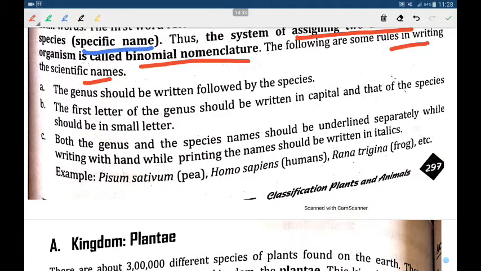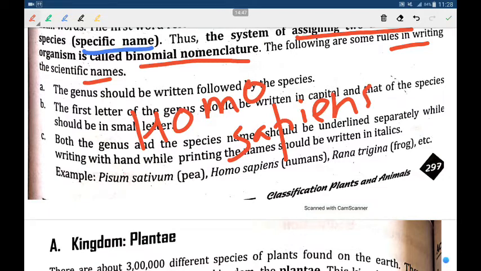Last time also I said the human being's scientific name is Homo sapiens. And frog, Rana, R-A-N-A, Rana tigrina. The scientific name of frog is Rana tigrina. Okay.